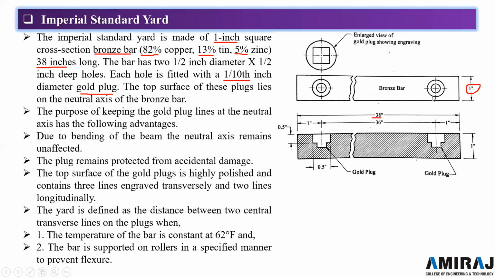The distance between these central transverse lines will be called 1 yard, and a specific temperature of 62 degrees Fahrenheit is required.